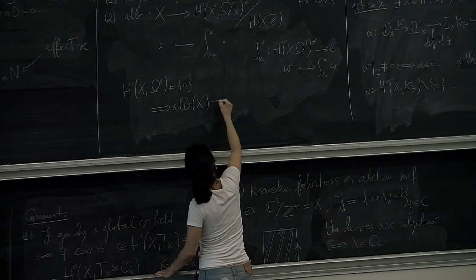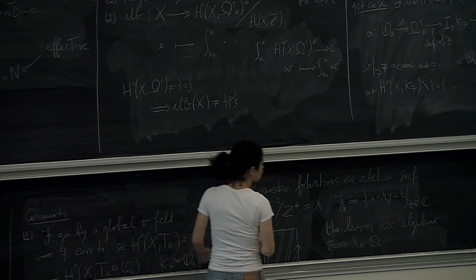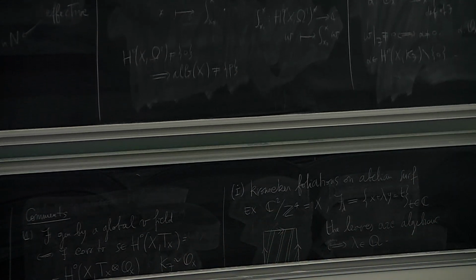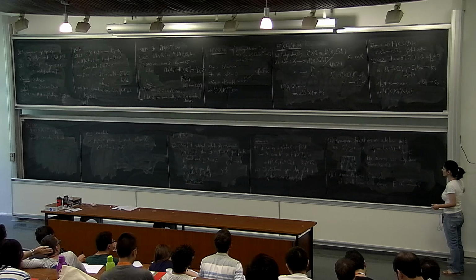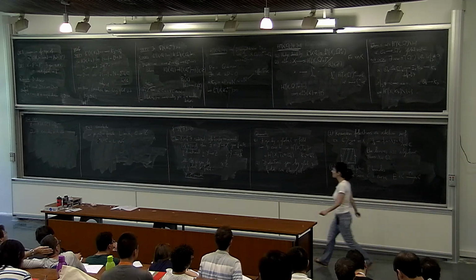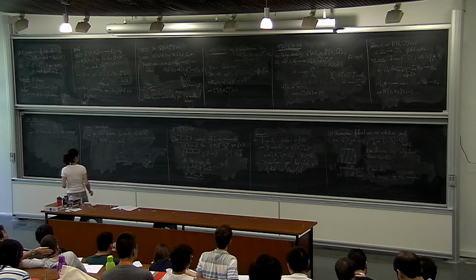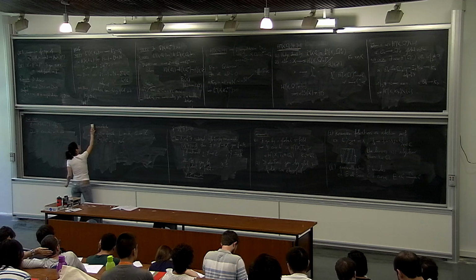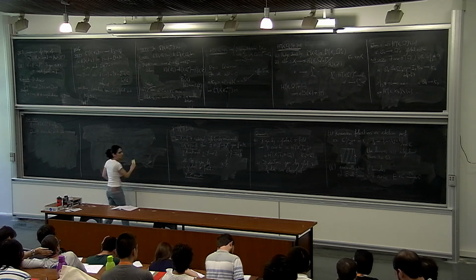It's really important. We will use it in a second, and so we want to prove that F coincides with the Albanese morphism.